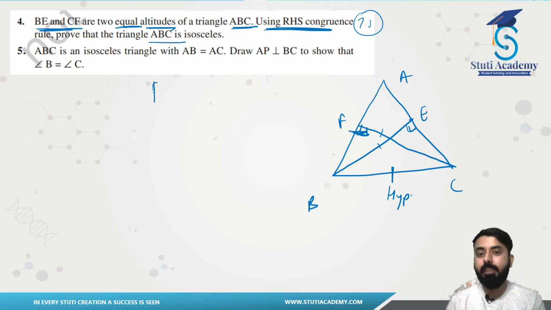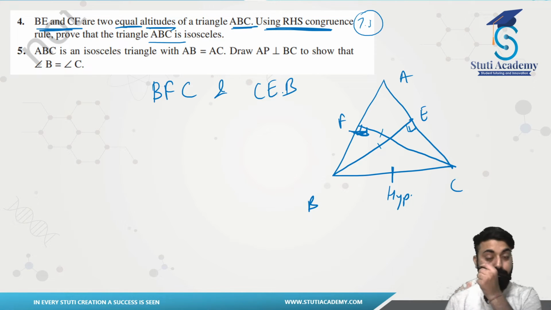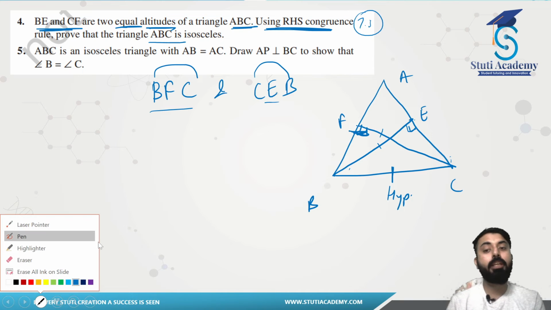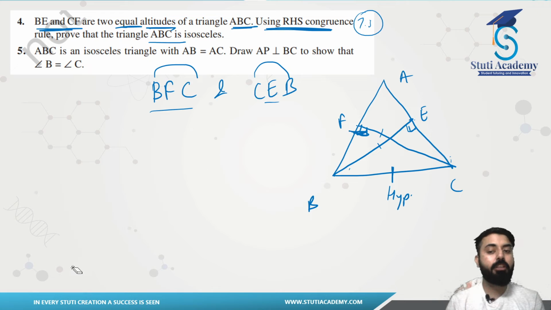If I take triangle BFC and triangle CEB, you can see BC here is common to both. If you want to use the right angle hypotenuse side criterion, then you have to consider these two triangles, right? Now in this, I can see F and E both are 90, they will be equal.